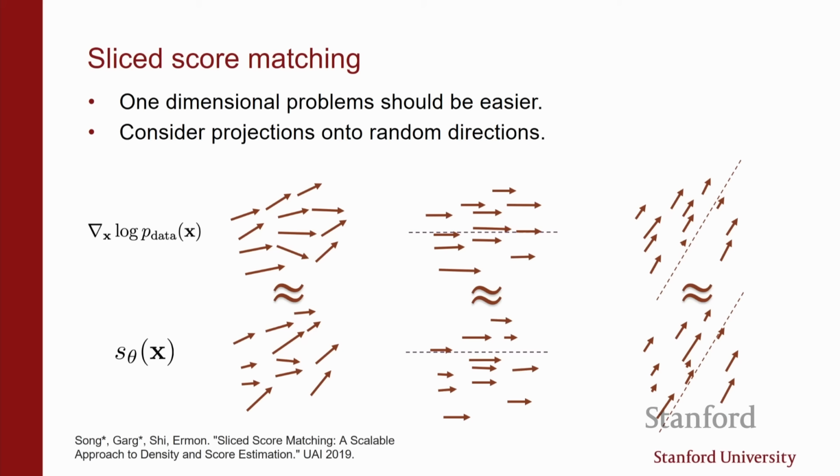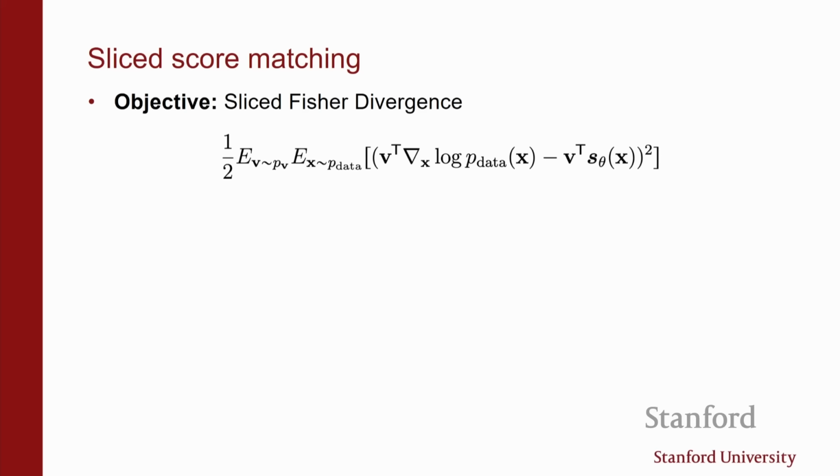The idea is that working in the projection space is going to be much more efficient because it becomes a one-dimensional problem. That defines a variant of the Fisher divergence, which we call the sliced Fisher divergence, which is exactly what we had before.